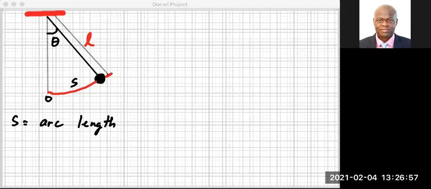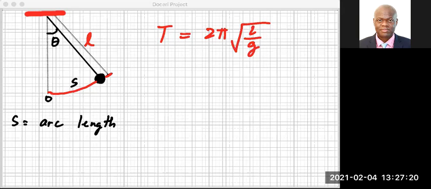And so for a pendulum system, the period of this system will be 2 pi times the square root of the length of the pendulum divided by g.